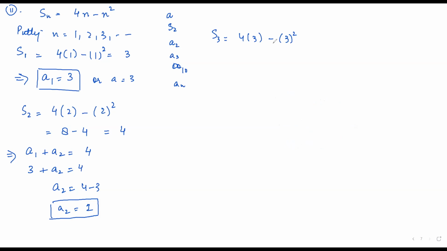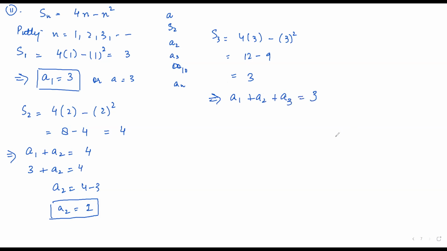Now to find S3, there are two ways. Like S3 can be found from the general rule also. That will give you 12 minus 9. That is how much? 3. Clear? But I don't want S3 actually. I want a3. Now to find a3, this implies that a1 plus a2 plus a3 is equal to 3.